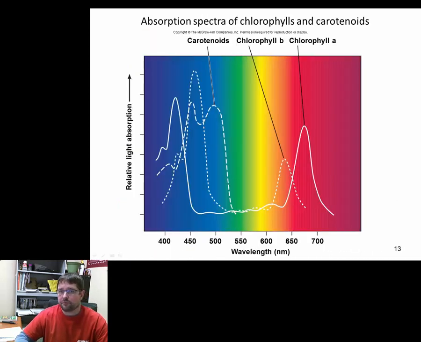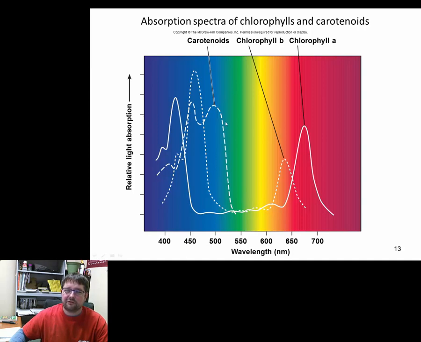So here's just a graph of absorption, an absorption spectrum of chlorophylls versus carotenoids, and you can see that carotenoids and chlorophylls are really good at absorbing things way down here in the lower nanometer wavelengths, all the way out even to the 350. They can absorb those things. Okay?